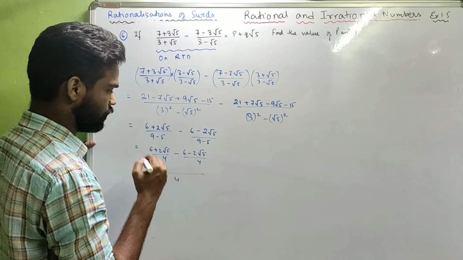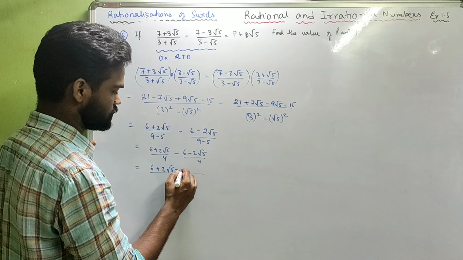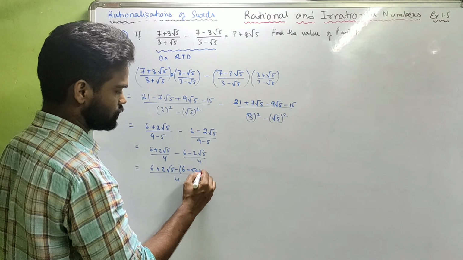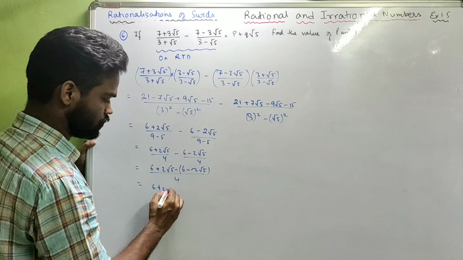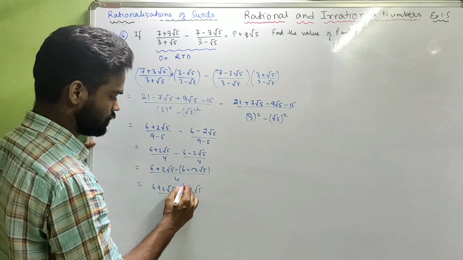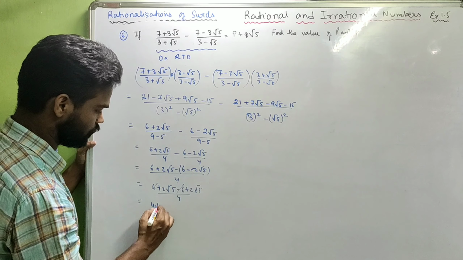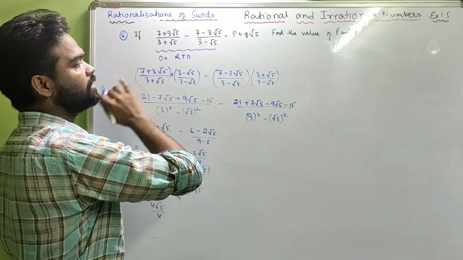Take LCM, 4 is LCM. So this is 6 plus 2 root 5 minus 6 plus 2 root 5 by 4. Am I clear? This cancels. So this is 4 root 5 by 4. This is root 5. So the entire thing becomes root 5.